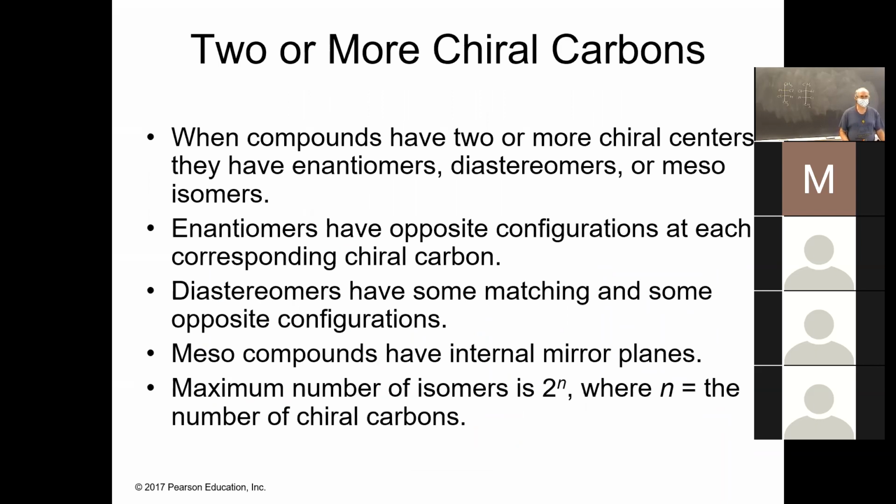Okay, so if you have one chiral center or one stereocenter, that molecule is going to be chiral. It'll have two enantiomers. If you have two chiral centers, it may or may not be chiral.